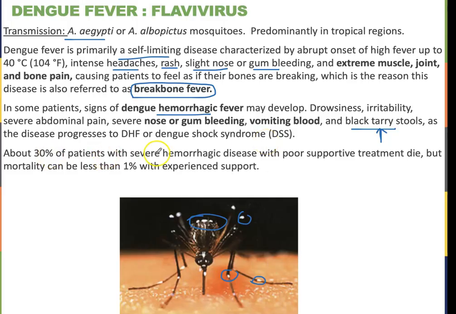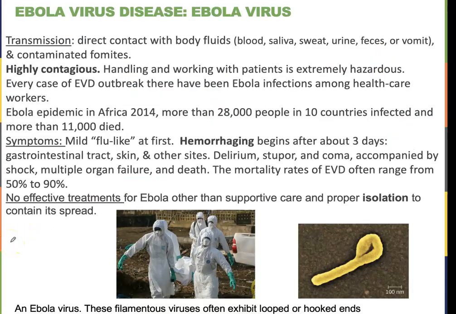So 30% of patients with severe hemorrhagic disease with poor supportive treatment have a really high mortality rate. But with nice treatment, you can get 1% mortality rate. So hopefully people with dengue fever have access to healthcare, but in these tropical regions, you do have areas of impoverished communities where they don't have access to healthcare.